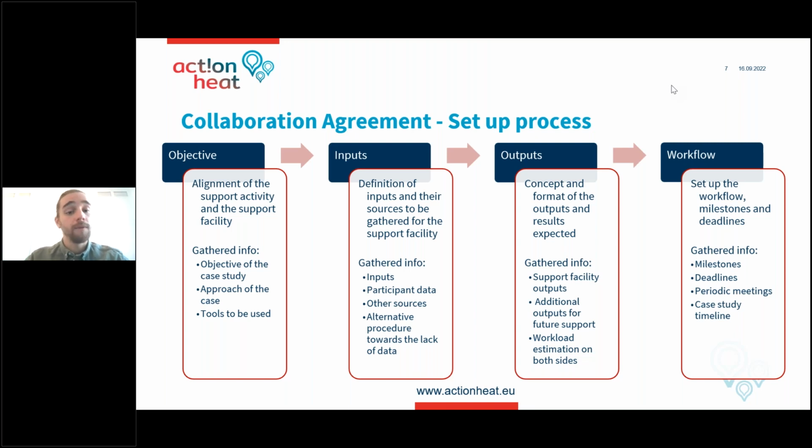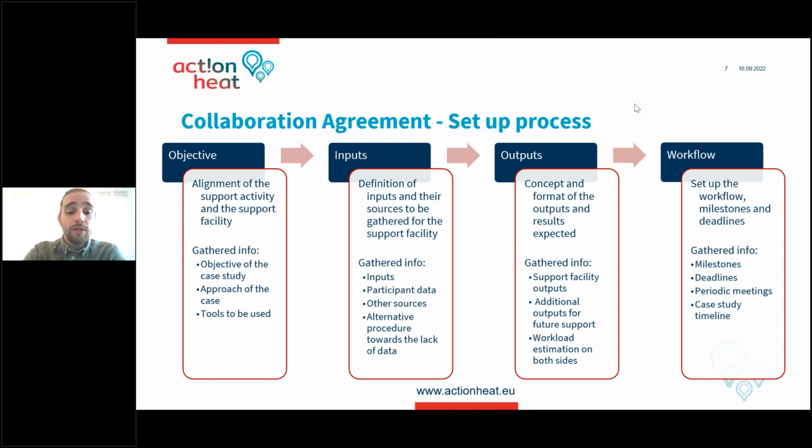Once we have the objective defined, we can go over to the inputs. Basically here we define the inputs and the sources to be gathered. Starting with the participant data that the participants already have available through previous projects or through their own knowledge.